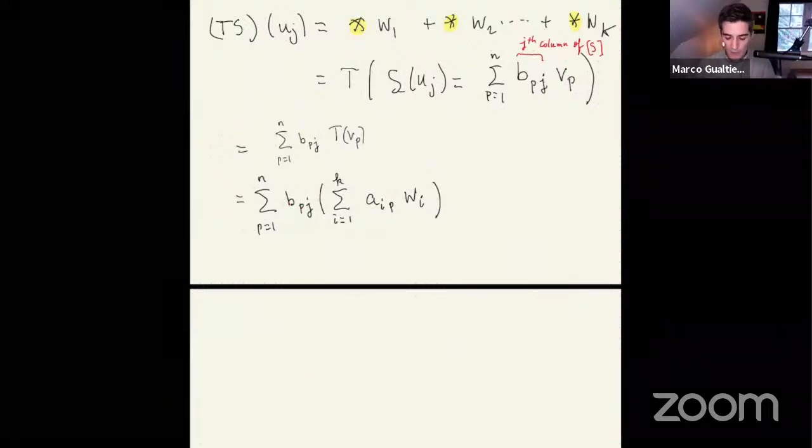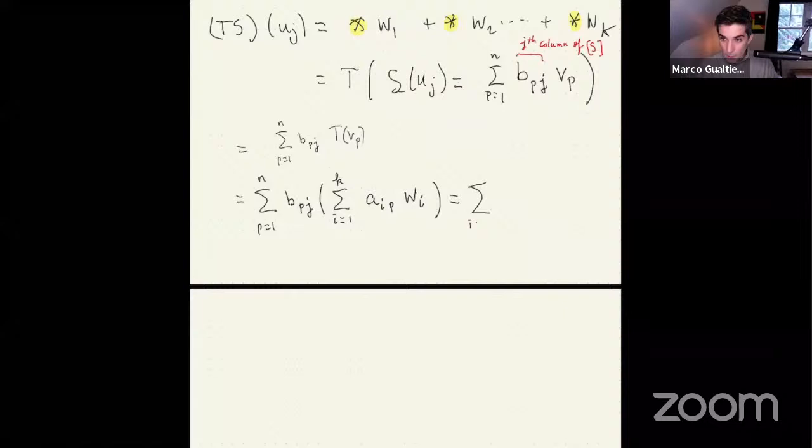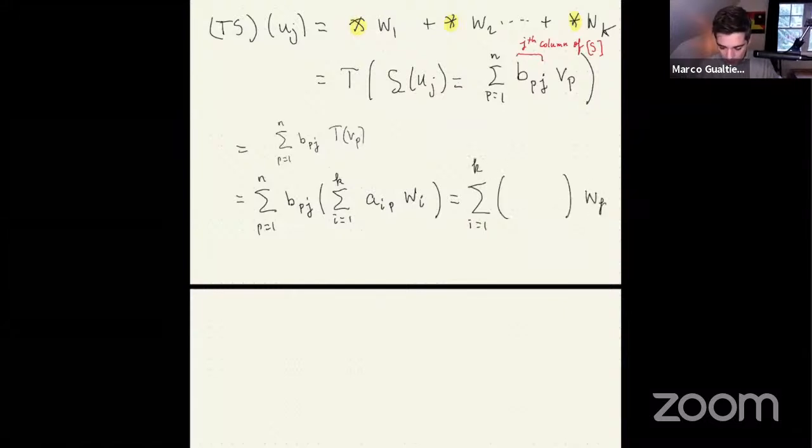Let me rewrite this in a more standard way. I want to write it as a sum from I equals 1 to k of something times Wi.